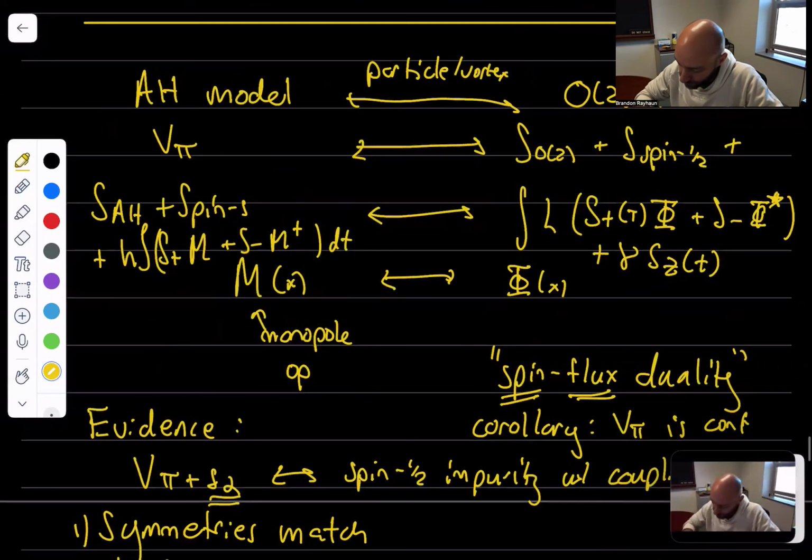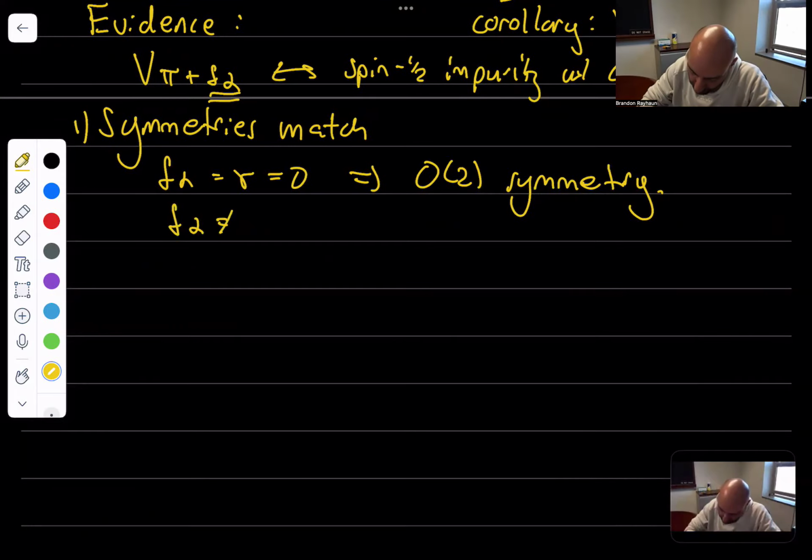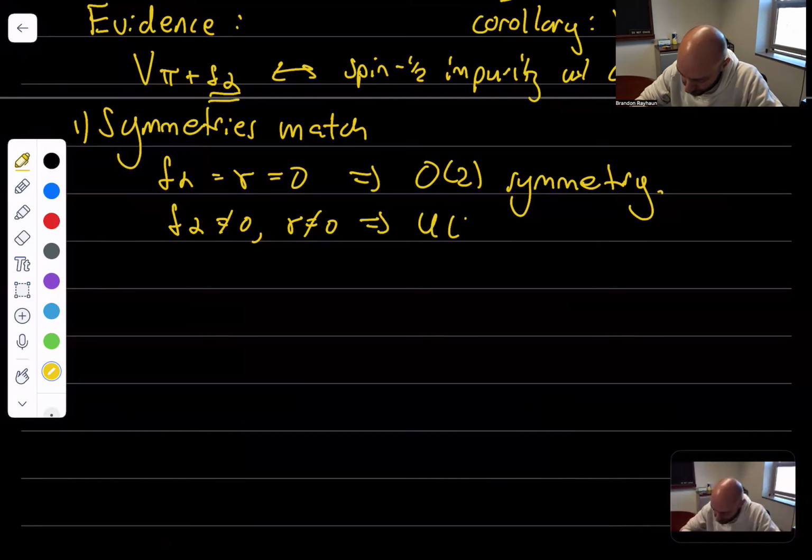And on the O2 side, there's charge conjugation, which maps phi to phi star, and also the U1 phase rotations of phi. So on both sides there's an O2 symmetry preserved. And when you tune the holonomy away from pi, or you tune this coupling gamma away from 0, then that symmetry is broken down to U1.